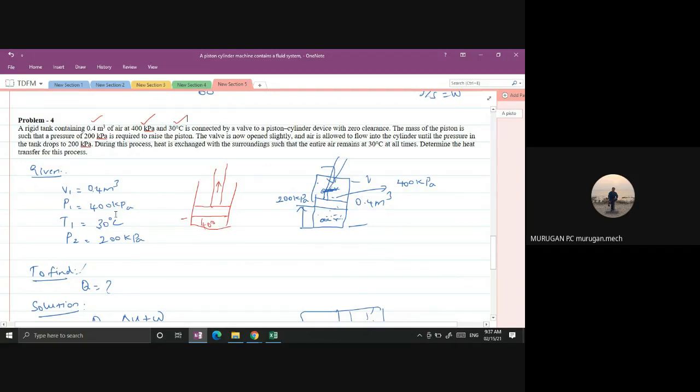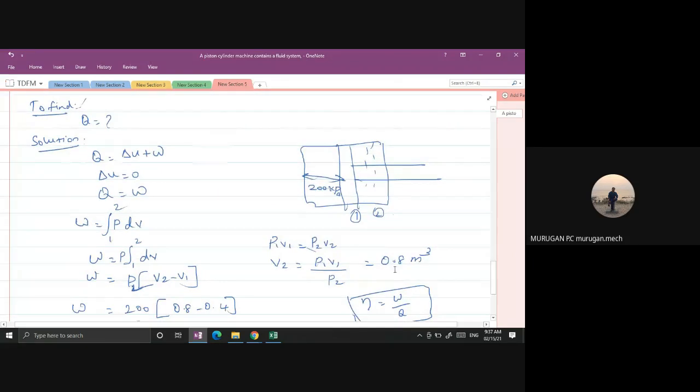High, sir. So automatically our answer will be higher. To find V2, we use the formula P1 V1 equals P2 V2. From this we can find the volume at the second state: P1 V1 divided by P2 gives 0.8 meter cube.